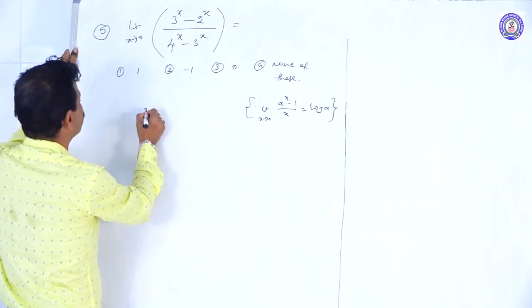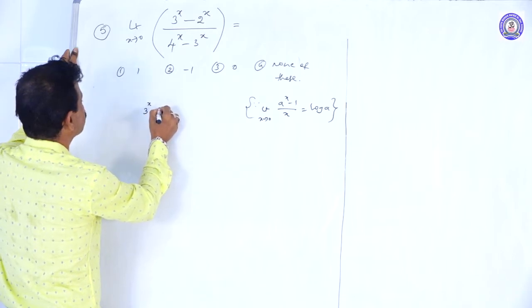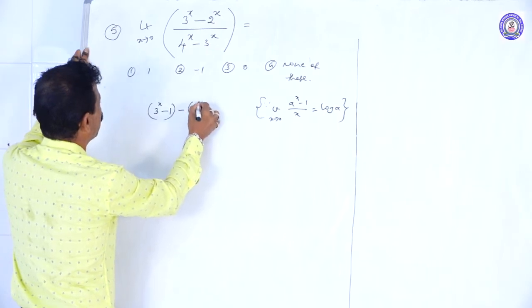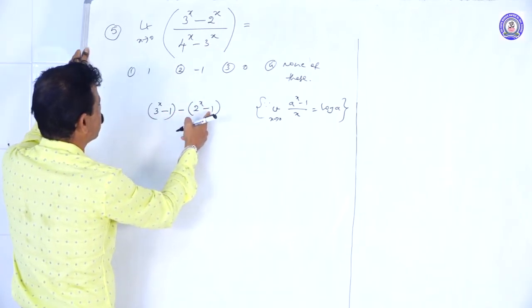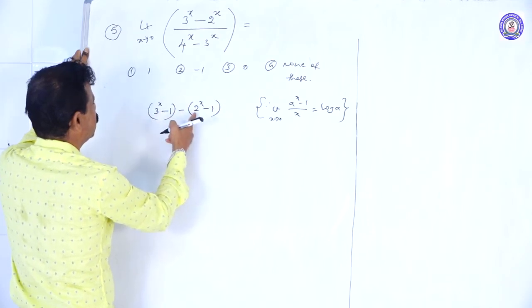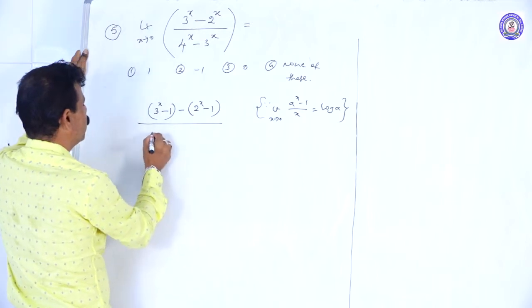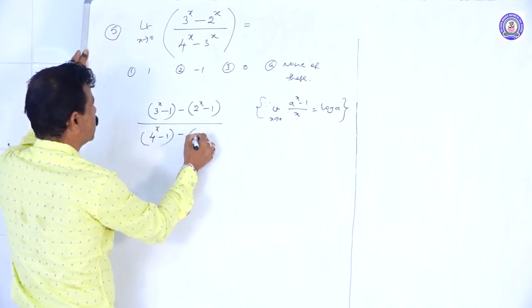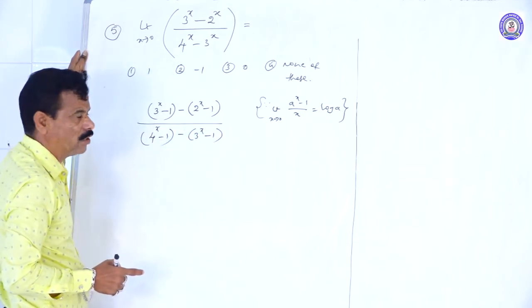Here 3 power of x minus 1 and here 2 power of x minus 1. Minus 1 minus of minus 1, this 1 gets cancelled. The same in the denominator, here also put minus 1 minus 3 power of x minus 1. Here also minus 1 cancels.